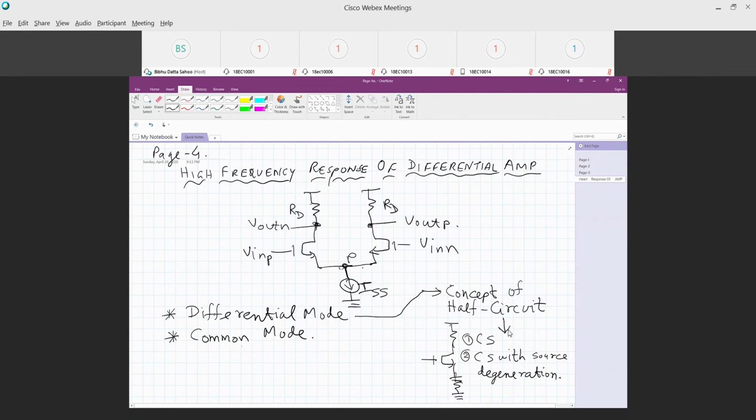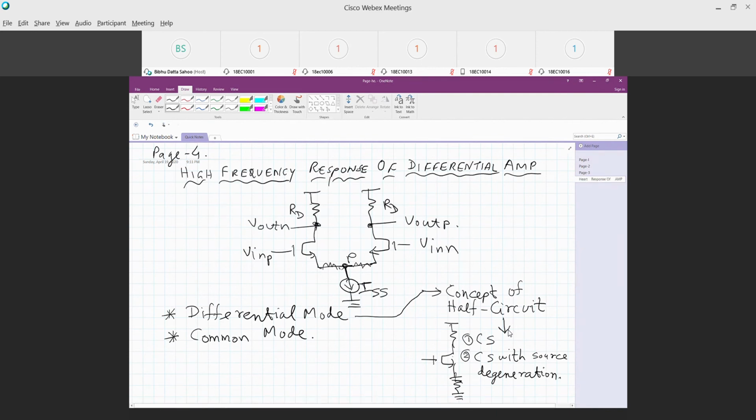When we are doing the differential mode analysis, we already know that we are going to use the concept of half circuit. Once we apply the concept of half circuit, this circuit translates to a common source amplifier. Now, in case there is a resistor here, then this translates to a common source with source degeneration. Same thing with the BJT. So therefore, we need not discuss the high frequency response of the differential amplifier because it is similar to the high frequency response of the common source amplifier in the differential mode case.